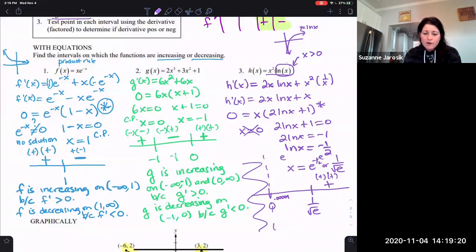So we can actually reference back to the graph a little bit here to help us out. If I'm plugging in something super small, that's still positive. Nothing is changing there. But if you're thinking about the natural log of something super duper small, really close to 0, look what it's doing.